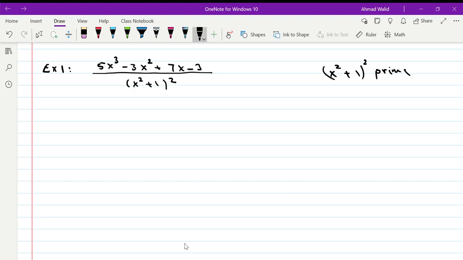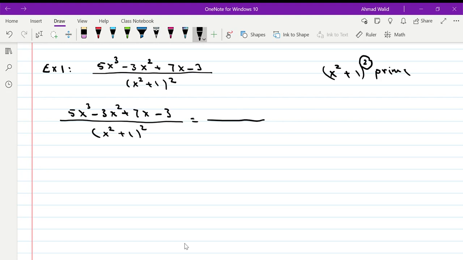Then how to set my partial fractions? First of all, how many of them do I need? You need 2 of them. This number shows you need 2. Then you go this way. 5x cubed minus 3x squared plus 7x minus 3 all over x squared plus 1 all square equals 2 fractions that you need. The first one, the denominator becomes x squared plus 1.